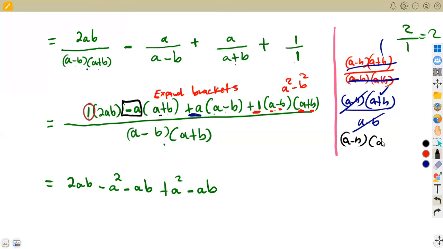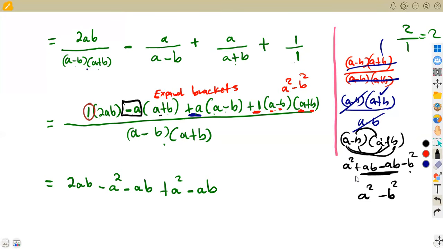A minus b into a plus b: a times a, we have a squared, a and b, we have ab, minus b and a, minus ab, minus b times b, we get minus b squared. This part cancels, meaning you remain with a squared minus b squared, which is the same thing as what we have here.